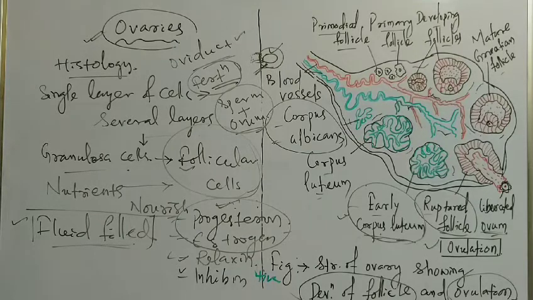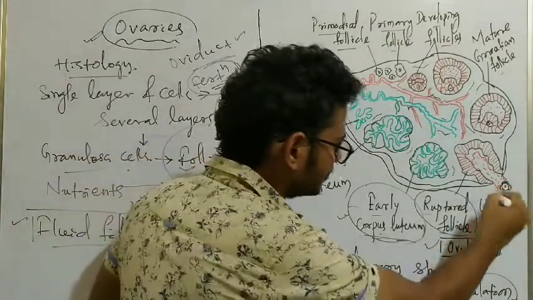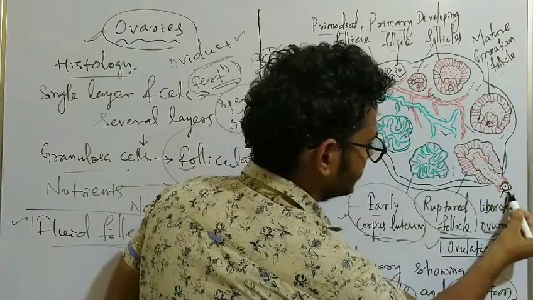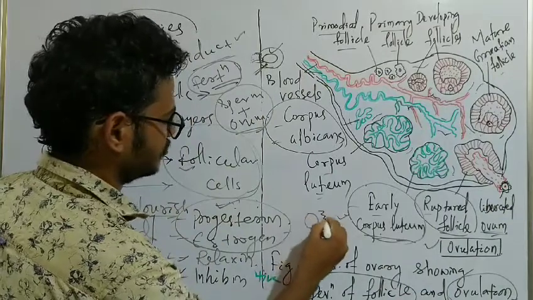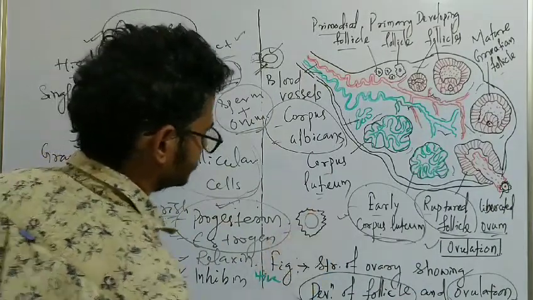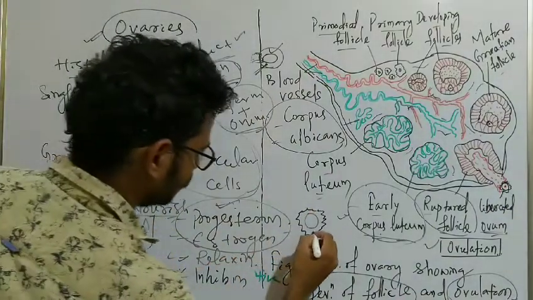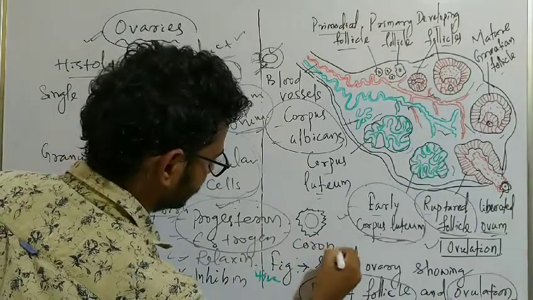The secondary follicle develops a transparent non-cellular area which is present surrounding the ovum. Here you can see it. This rounded structure is surrounded with a structure like this. This one is called the corona radiata.